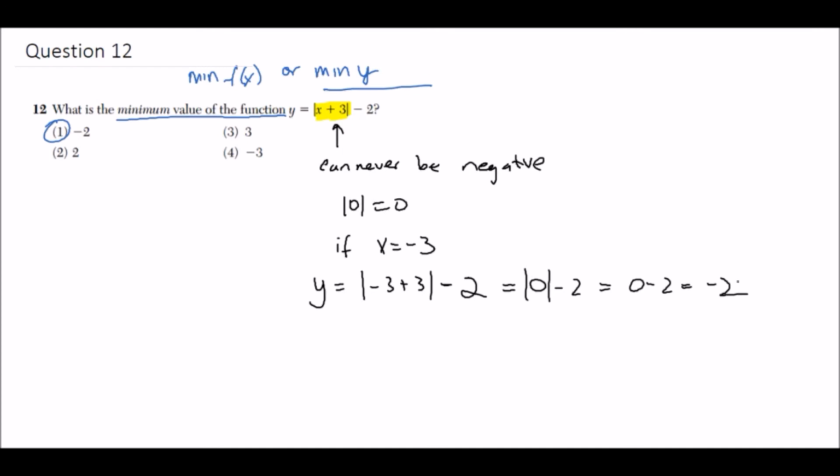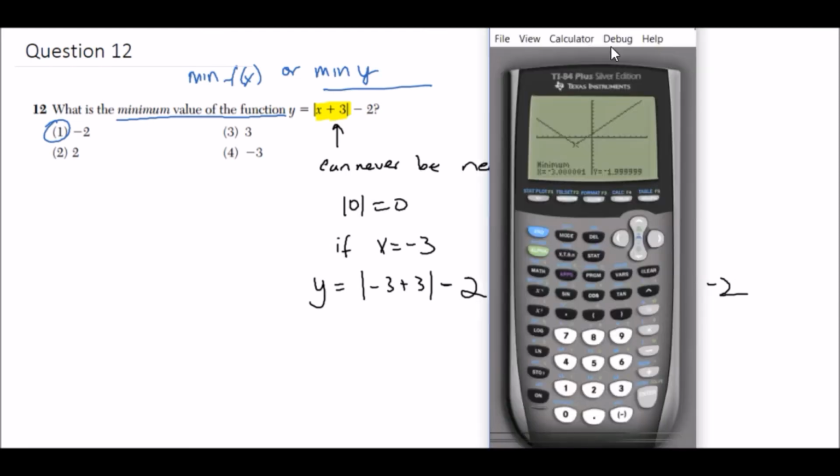So that's that. Again, I would say that either way that you do this problem is relatively equivalent in difficulty, but if you really want to see it visually, you can certainly put it into your calculator and just look at the graphed function and find the minimum value that way. And again, you don't even really have to use the minimum feature.